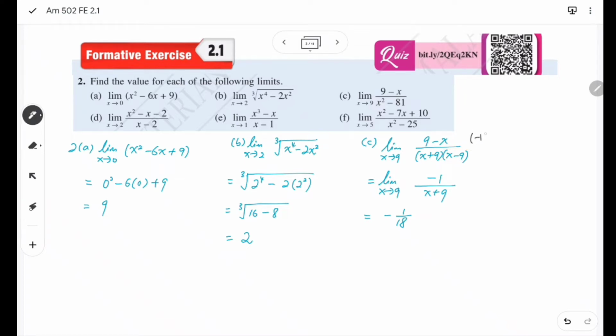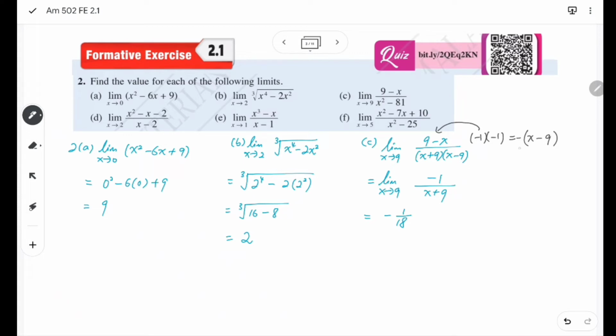times negative 1 here. Alright, so we multiply by negative 1, so that the first negative 1 goes in, I get x minus 9, and then the second negative 1, leave it outside.